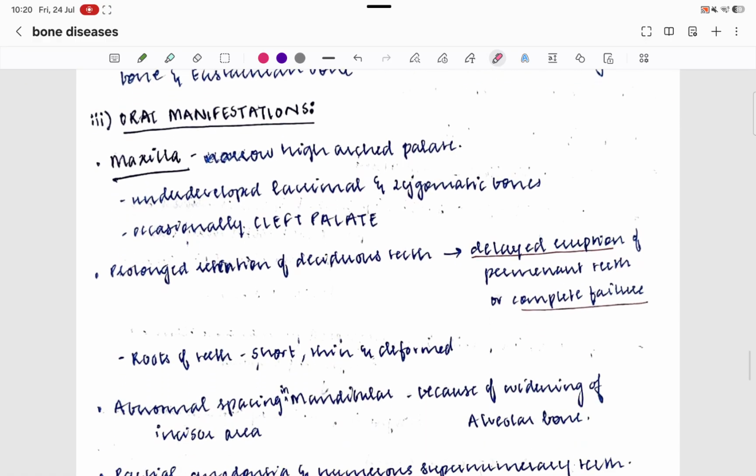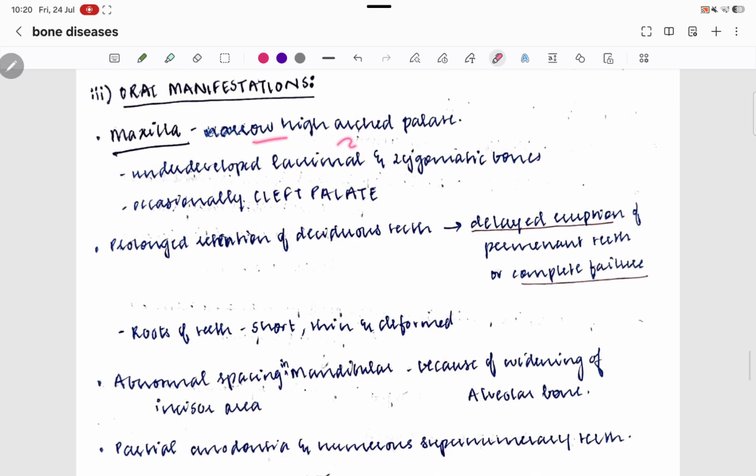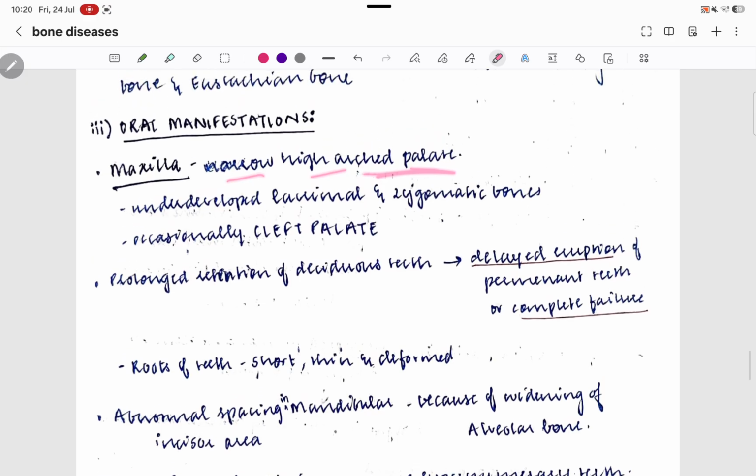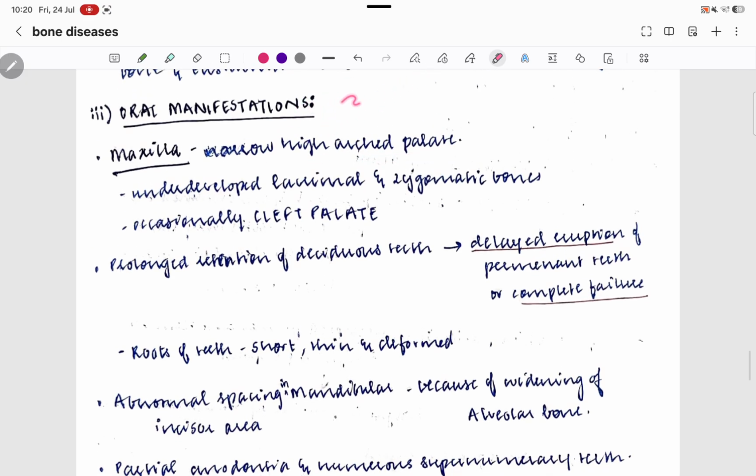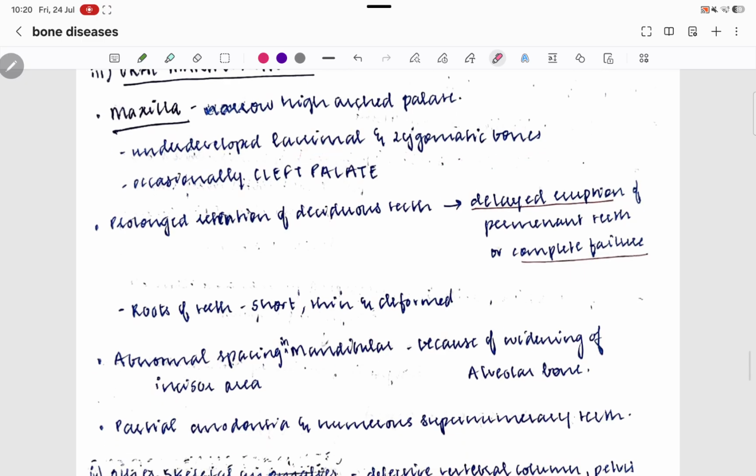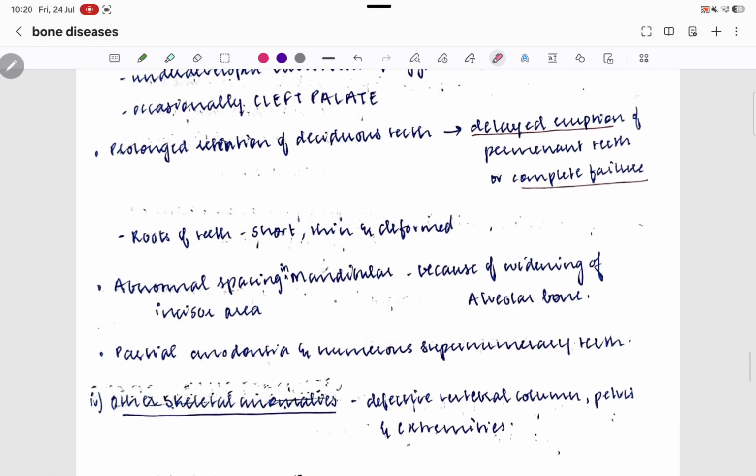Then oral manifestations include a narrow high arched palate. If we specifically talk about the jaw, the palate is narrow, high arched, and underdeveloped. Lacrimal and zygomatic bones are also underdeveloped. Then you occasionally see cleft palate in these kinds of patients.